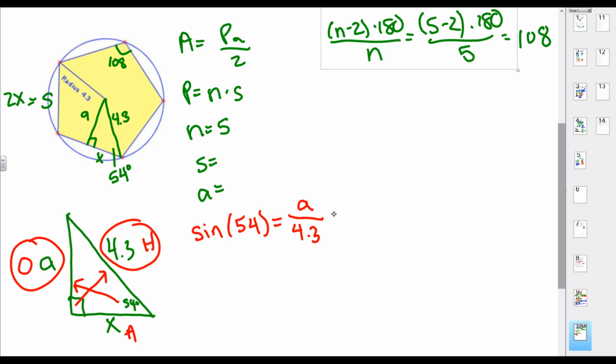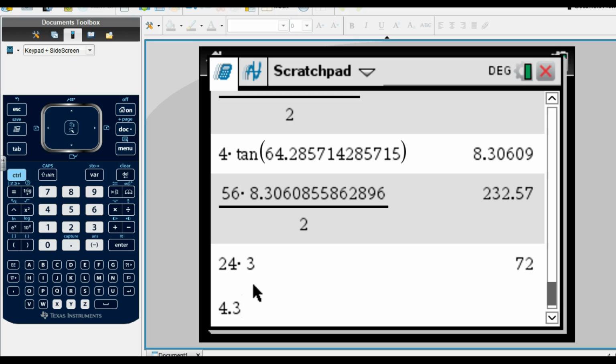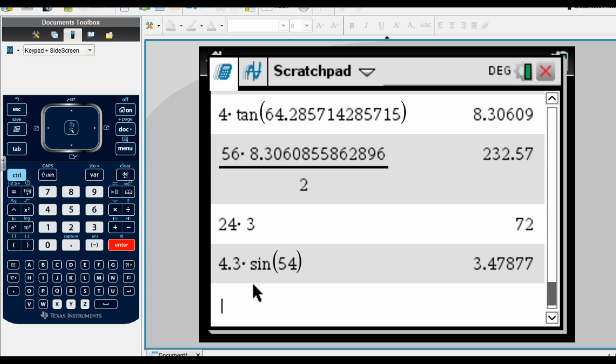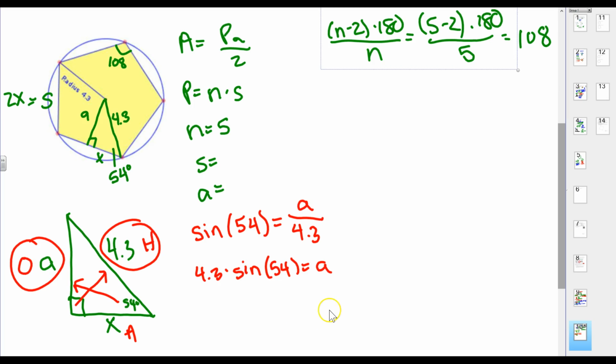To solve this, I multiply both sides by 4.3, so I get 4.3 times the sine of 54 is equal to my apothem, which when I plug into my calculator gets me 3.47877. I'm going to keep this number stored in the calculator. So we're going to call it 3.5 for right now, is roughly the apothem. 3.5.